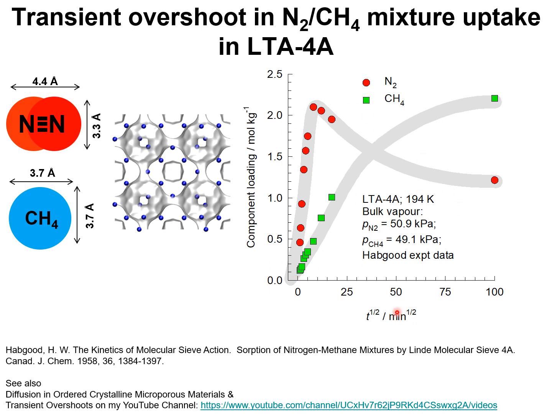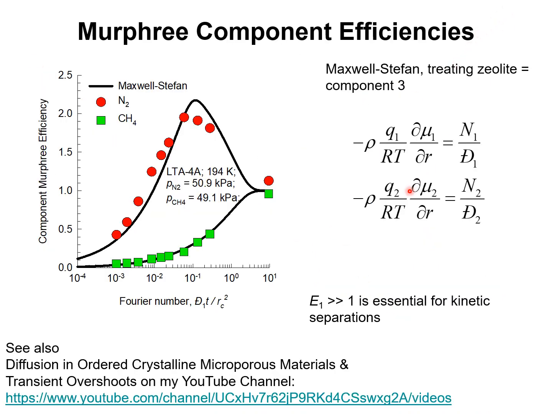Let's replot this graph and calculate the component efficiencies. From the experimental data shown in the previous slide, determined by Habgood, we can determine the Murphree component efficiencies. The red circles show the component efficiency for nitrogen, and the green squares show the Murphree component efficiency for methane.